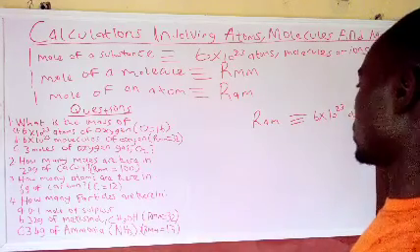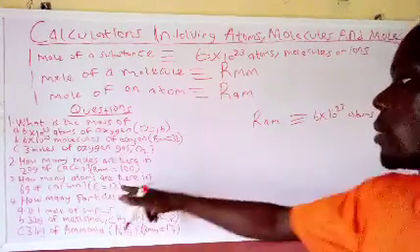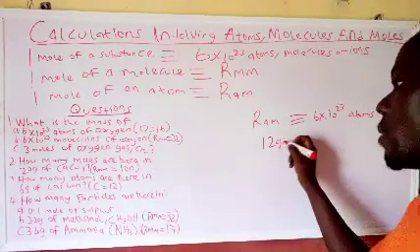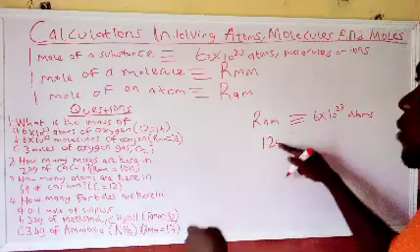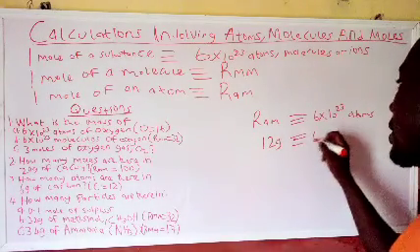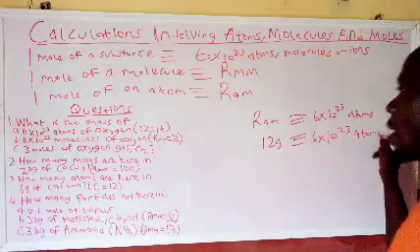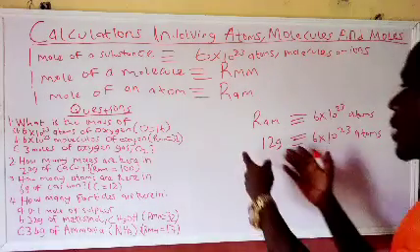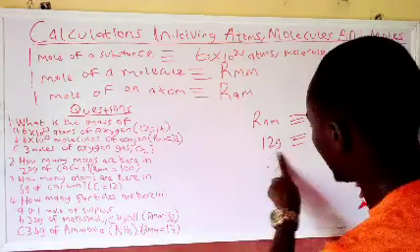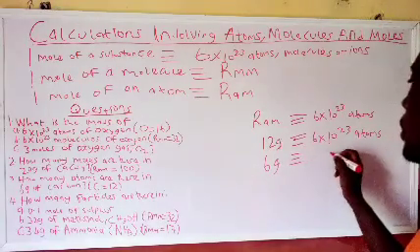And you see we are dealing with atoms now. So what's the relative atomic mass of carbon? That's 12. So 12 gram is equivalent to 6 times 10 to the power 23 atoms.